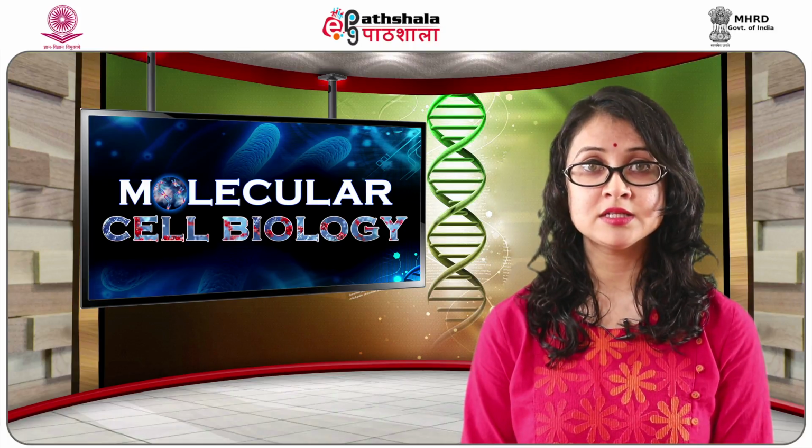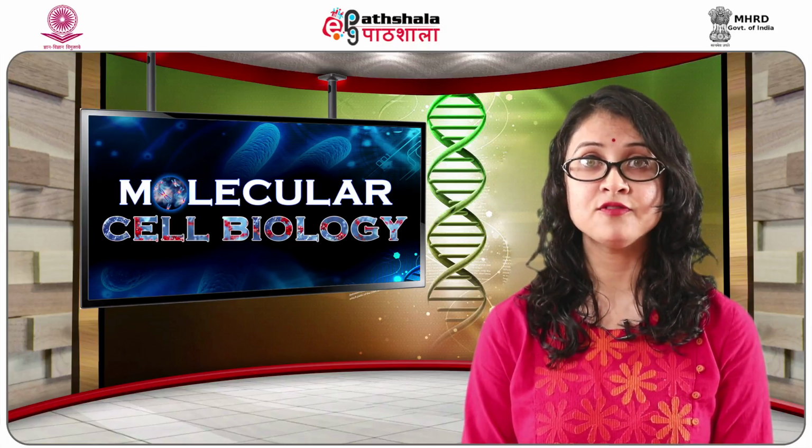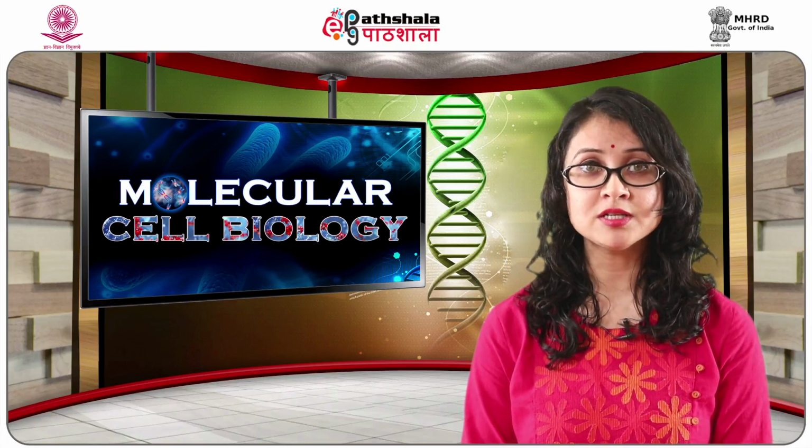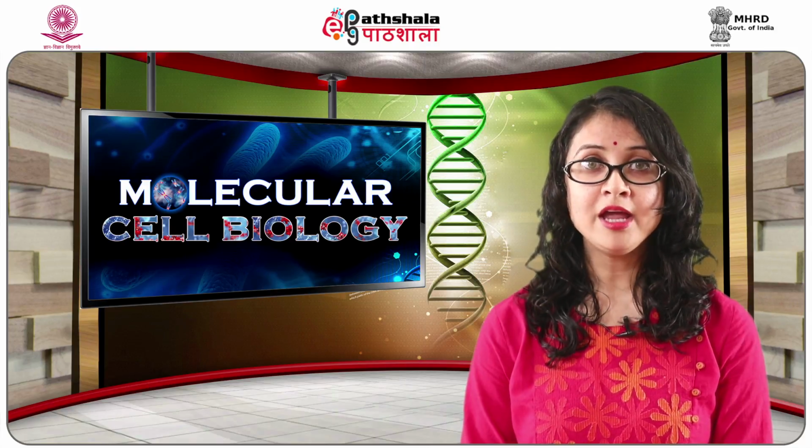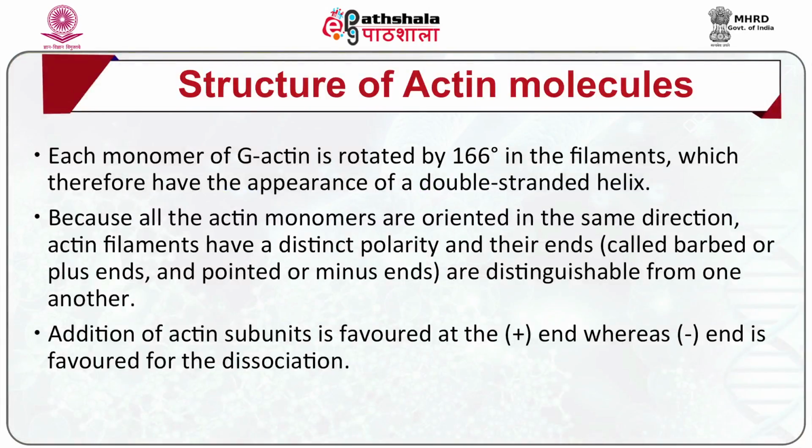Addition of cations induces the polymerization of G-actin monomers into F-actin filaments, and the process is reversible. Each monomer of G-actin is rotated by 166 degrees in the filaments, which therefore have the appearance of a double-stranded helix.